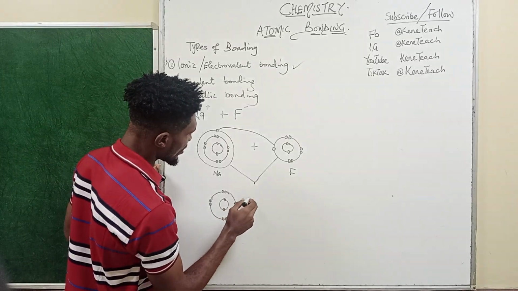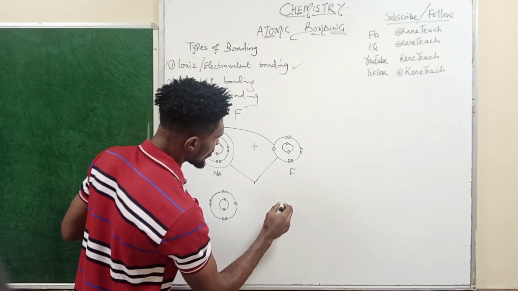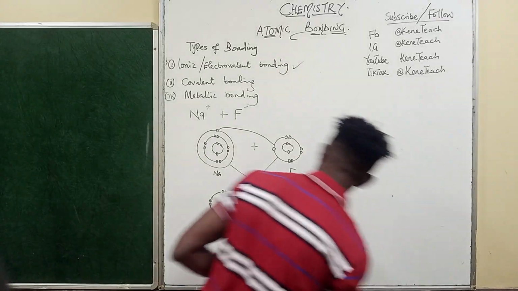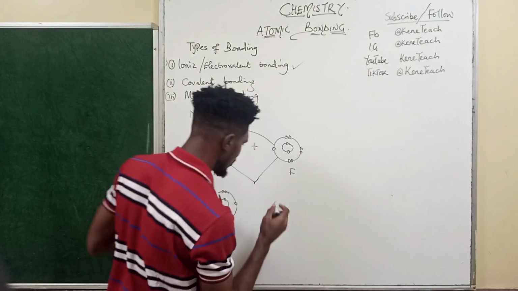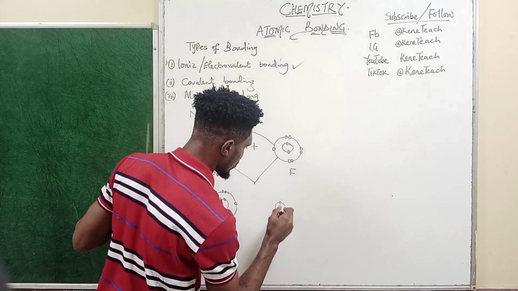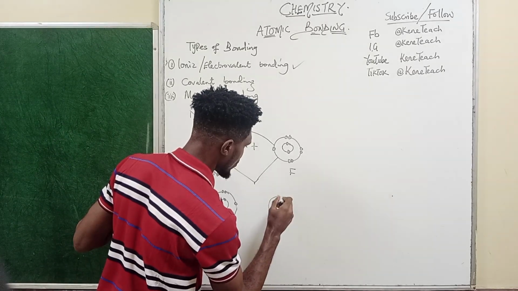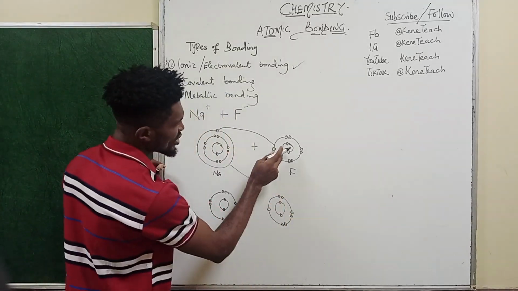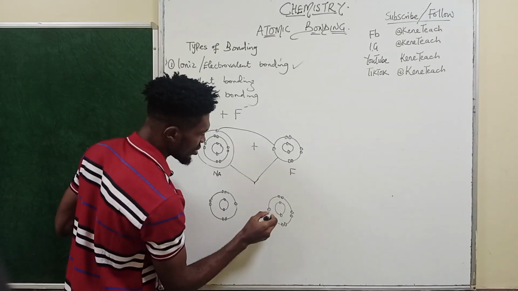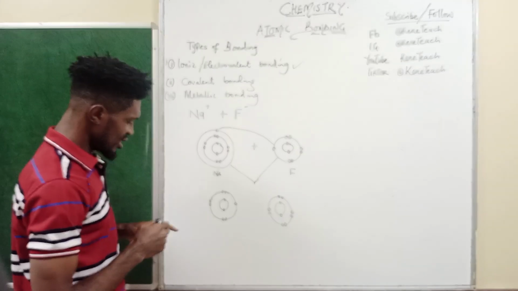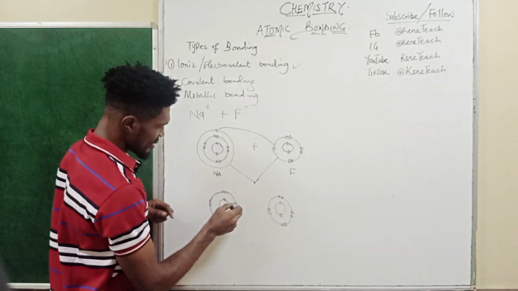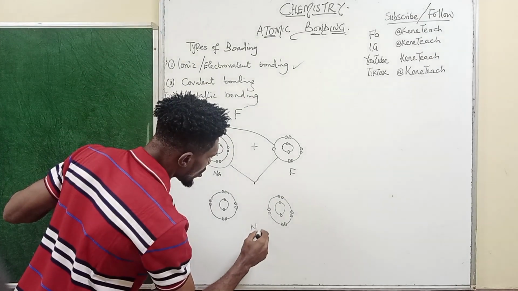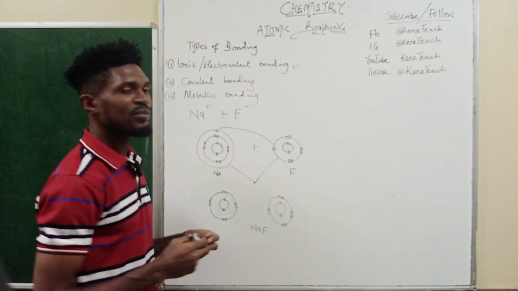Sorry, it has lost already, rather. Now, this one here will then form something like this. No, it was 7 here already, but this one is coming to join it. So it forms 8. So you see, we now have 8 electrons at the outermost shell, 8 electrons at the outermost shell. So this still forms what we call sodium fluoride.